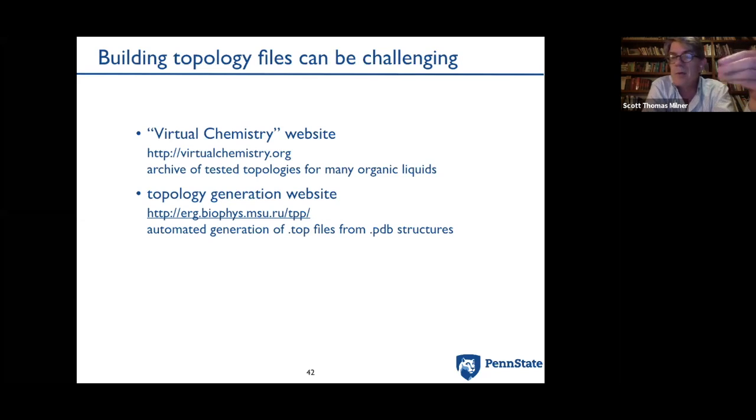Not just a carbon, but a CH2 carbon or a carbonyl carbon or an aromatic benzene carbon. These are the kinds of things it's got to figure out. And there's a Russian website that is reasonably successful at automatically generating topology files from PDB structures, and we use that a fair bit.